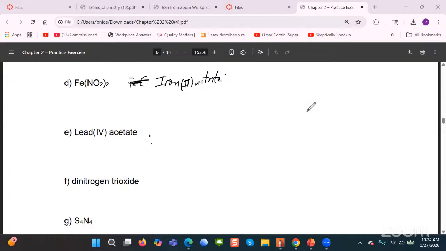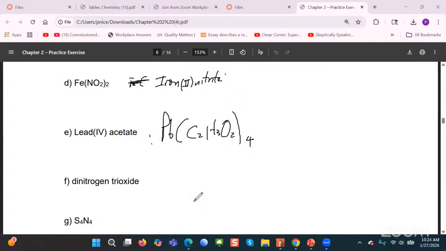Okay, I would agree with you there. Of course, you should not use lowercase letters for the formulas. But anyway, it will be Pb, then open parentheses, C2H3O2, close parentheses, and then 4.